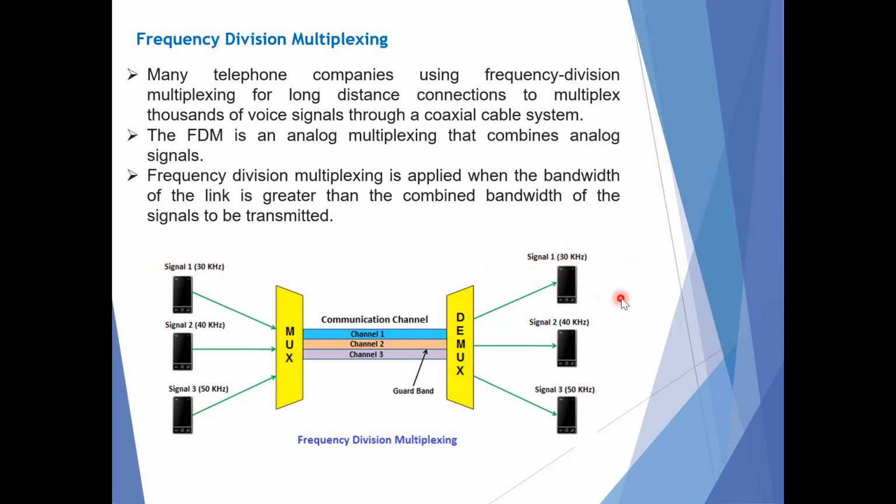Here also at the same time we will be getting signals 1, 2, 3. So FDM is an analog multiplexing that combines analog signals, and it is applied when the bandwidth of the link is greater than the combined bandwidth of the signals to be transmitted.